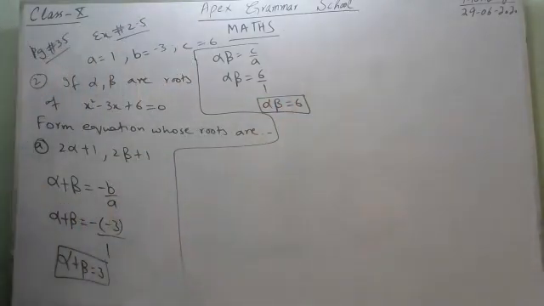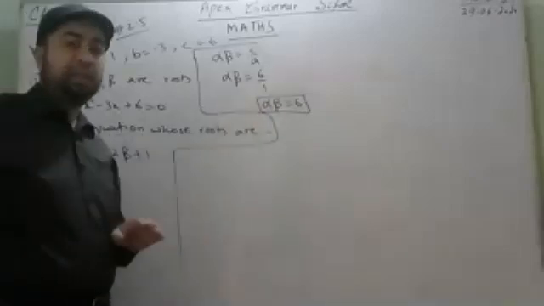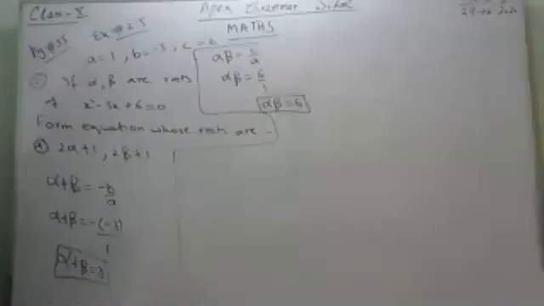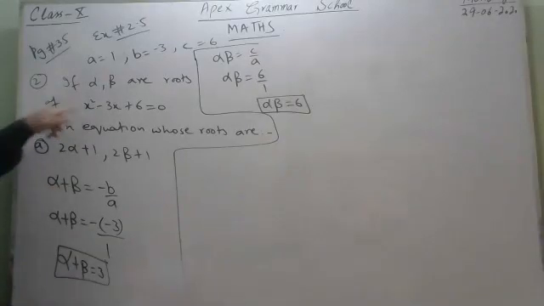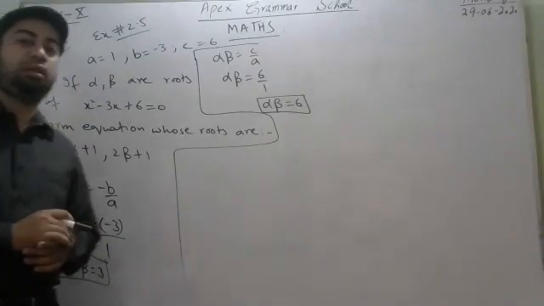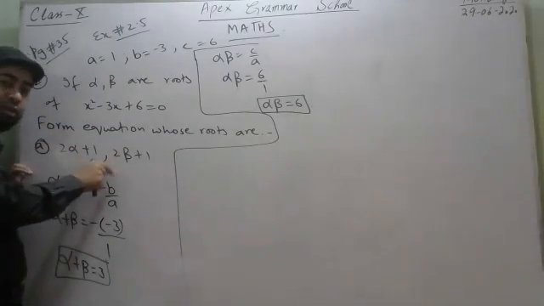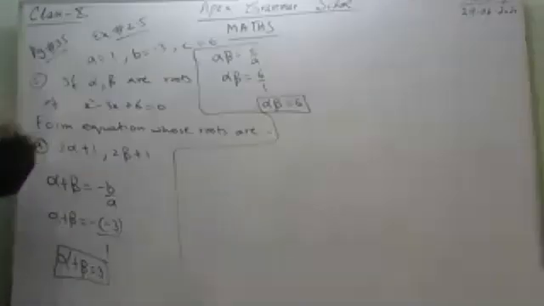You can see that alpha plus beta is 3 and alpha beta is 6. Basically, you have found just the sum of roots and the product of roots for this equation. Now you have to spin them. Now you have to make them meet the condition he wants, and then make another equation.